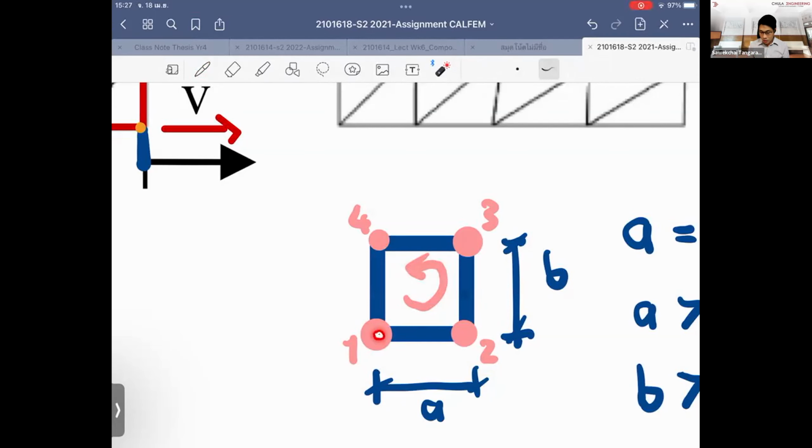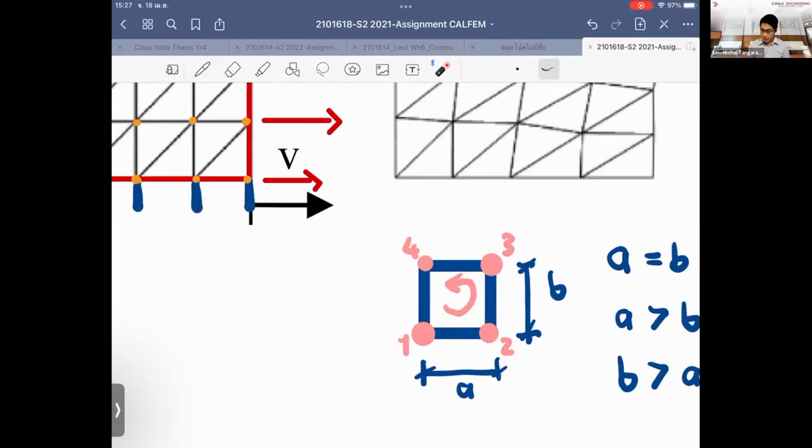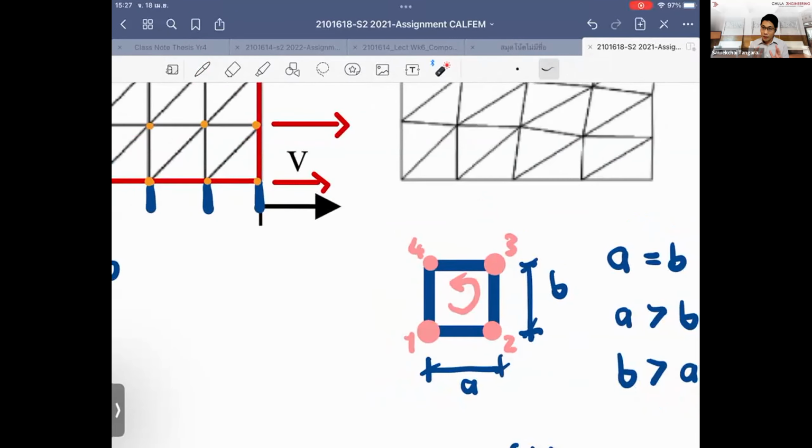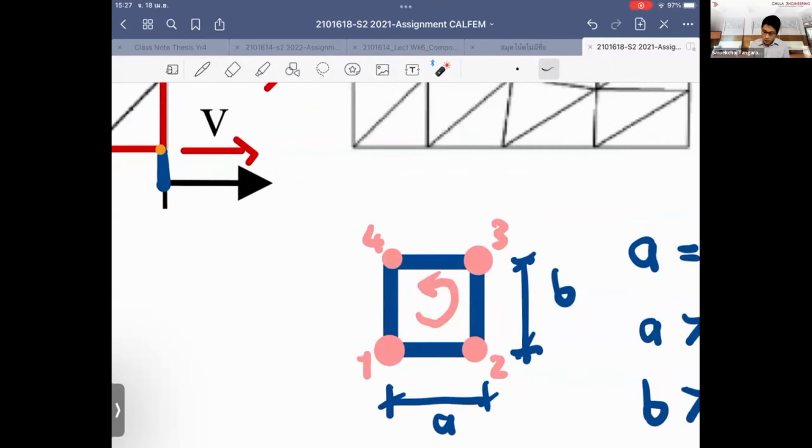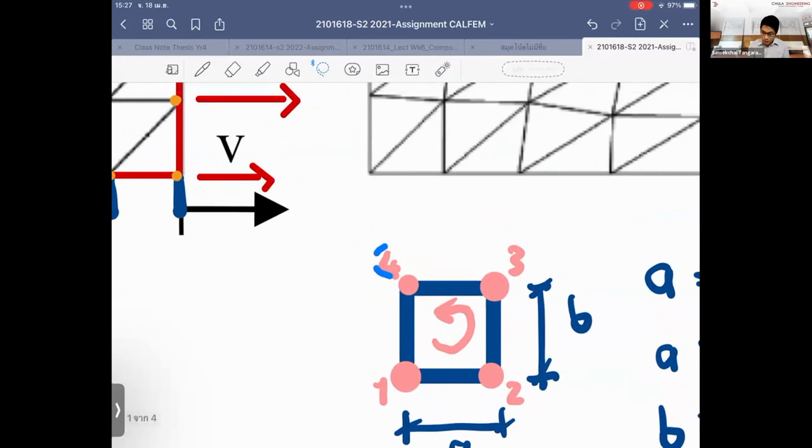And you can start at node number 1, or you can start at node number 2. It doesn't matter. This will give you the similar strength equation, right? This is the basic property of the isoparametric problem, and it's a very, very nice property. So that's why we use isoparametric mesh rather than a quadratic mesh.